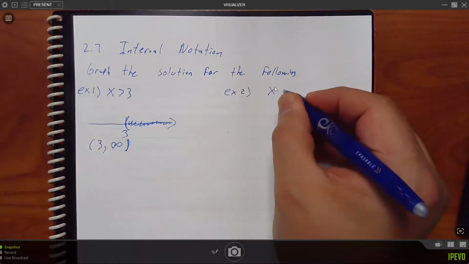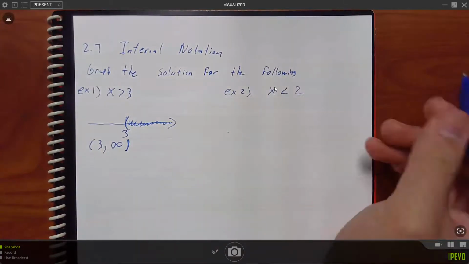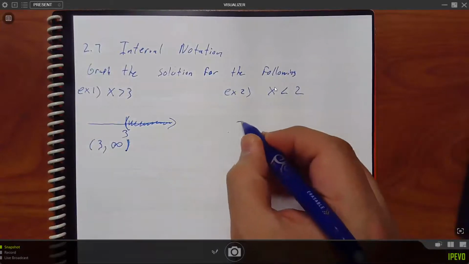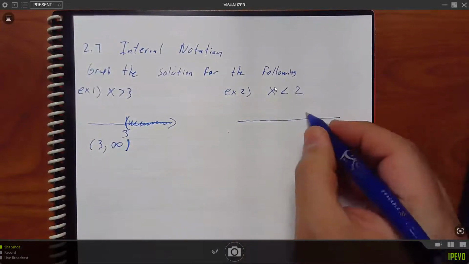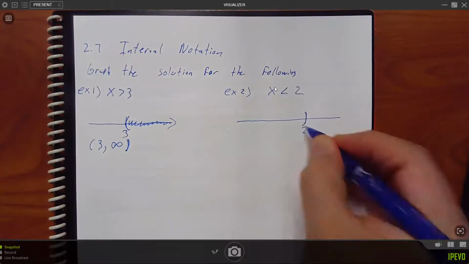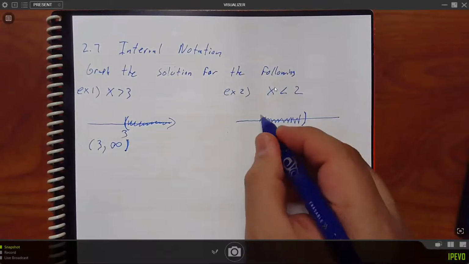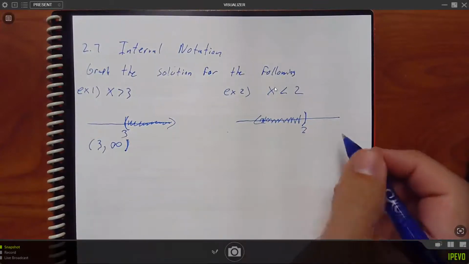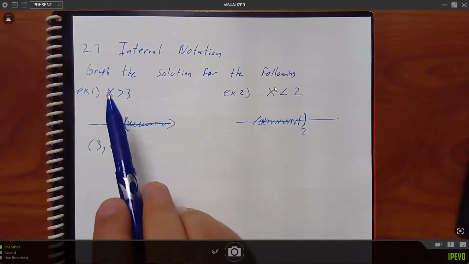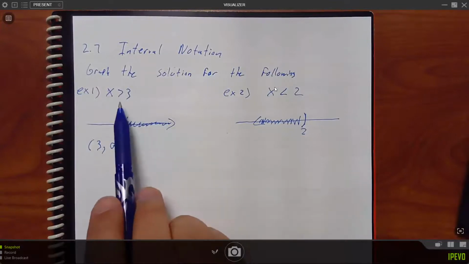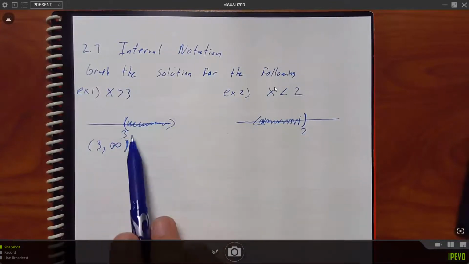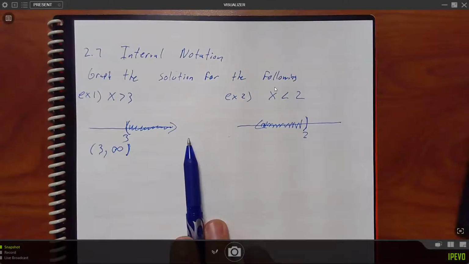So this guy, this x is less than 2, not included. So I'm just going to put 2 right here. So we put a parenthesis again, and we keep going below 2. The arrow is pointing that way. So just a tip, if your x is on the left side, you can just follow the arrow. If x is over here and the arrow is pointing that way, that's where we're going.